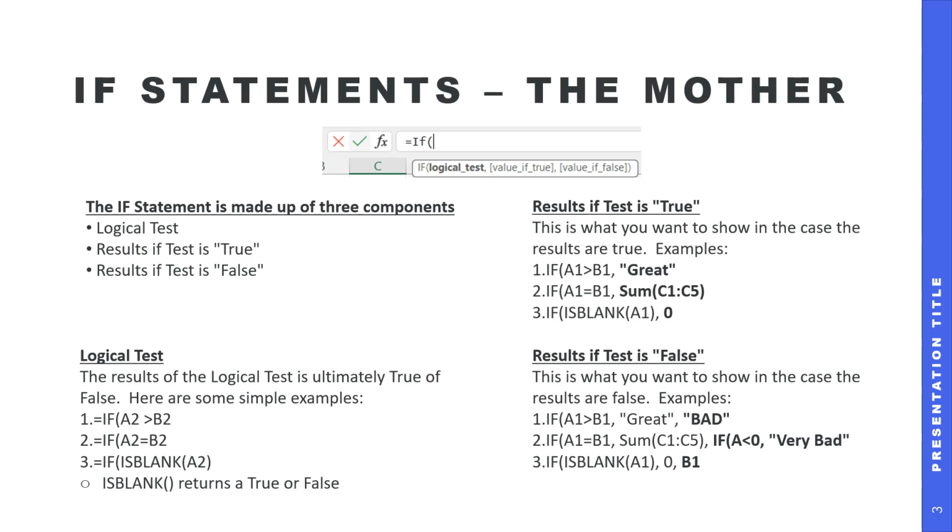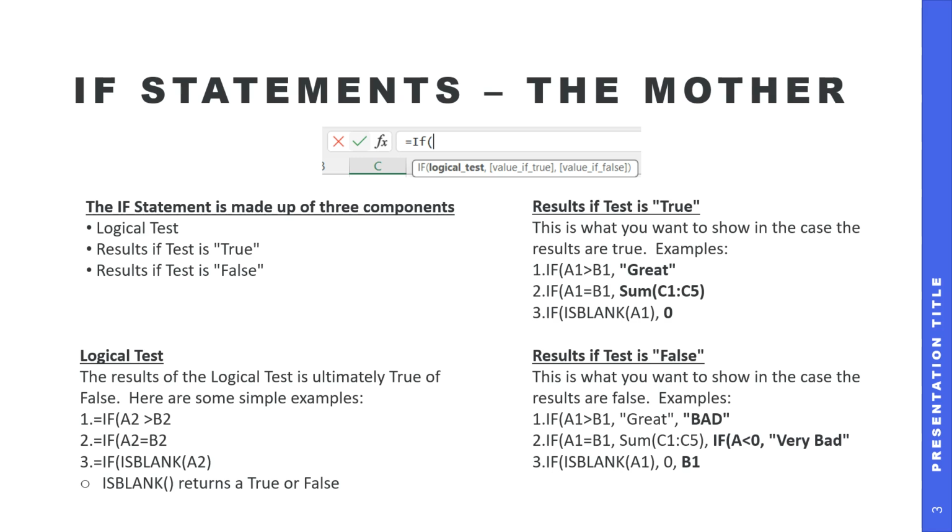So, by us having a caveat of if A1 is not equal to B1, if it's false, then we're going to have another evaluation. And that evaluation is if A1 is less than 0, meaning that it's negative, we want to put very bad. So you can start a nested if statement, and that can keep going and going.